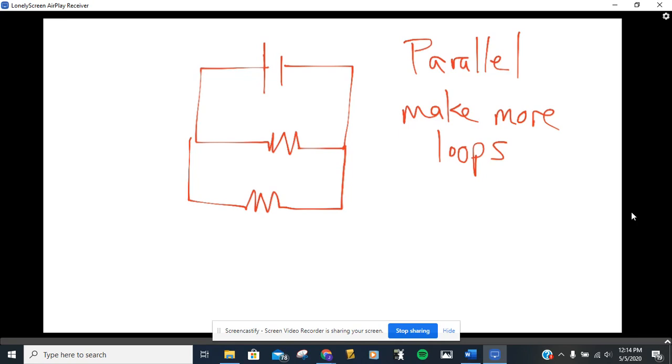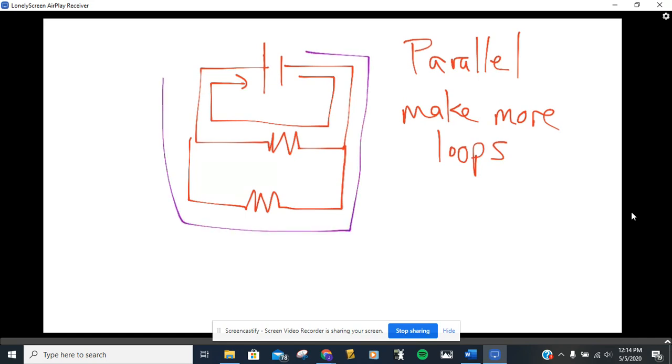So now you've got one loop flowing here. Then we're going to have one loop flowing here. So you're going to have two different currents going through. You're going to have one current here. You will have another current here.